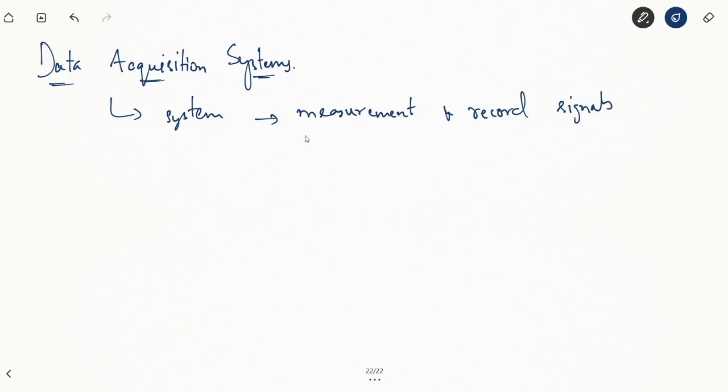These signals can either be obtained from direct measurement, or they can be obtained from transducers.